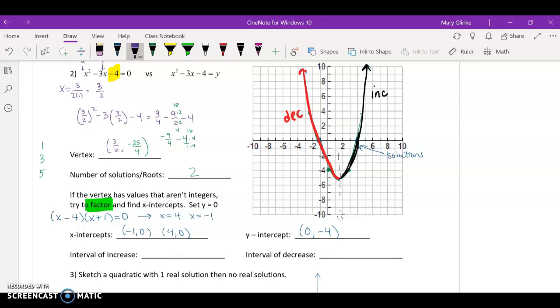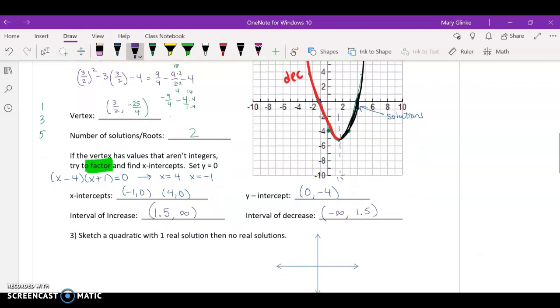So increasing starts at 1.5 and goes to the right, meaning my x's are getting more positive. Decreasing starts all the way at the left where my x values are negative and stops when x is 1.5. Increasing and decreasing always has parentheses.